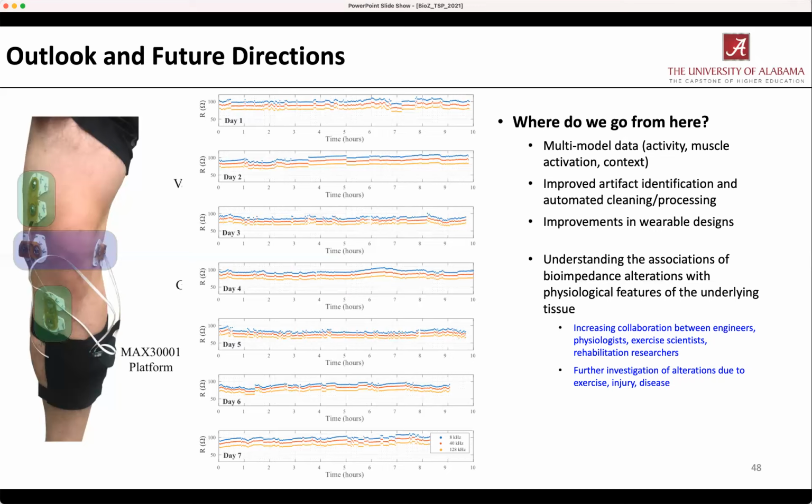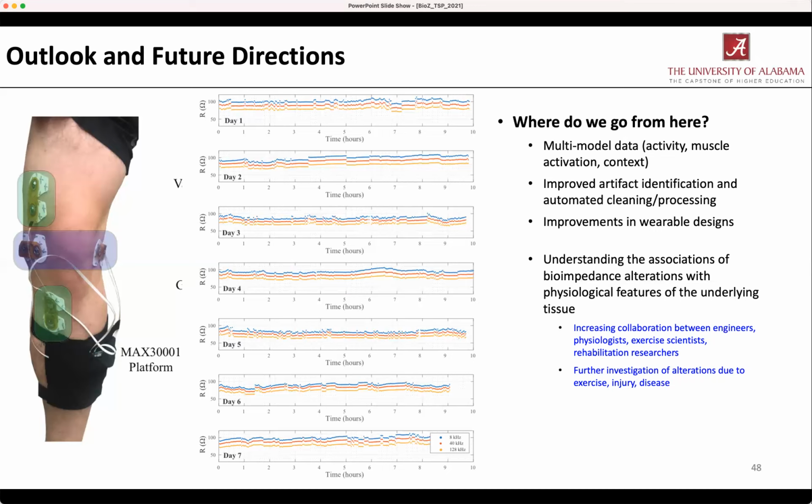We can collect this data as engineers, but until we convince the physiologists and the medical practitioners that it can support the insights they need to help different populations, it dies. It doesn't advance any further. So there's that really big push to work with physiologists, exercise scientists, rehabilitation groups to really connect the dots here from collection to application and interpretation.